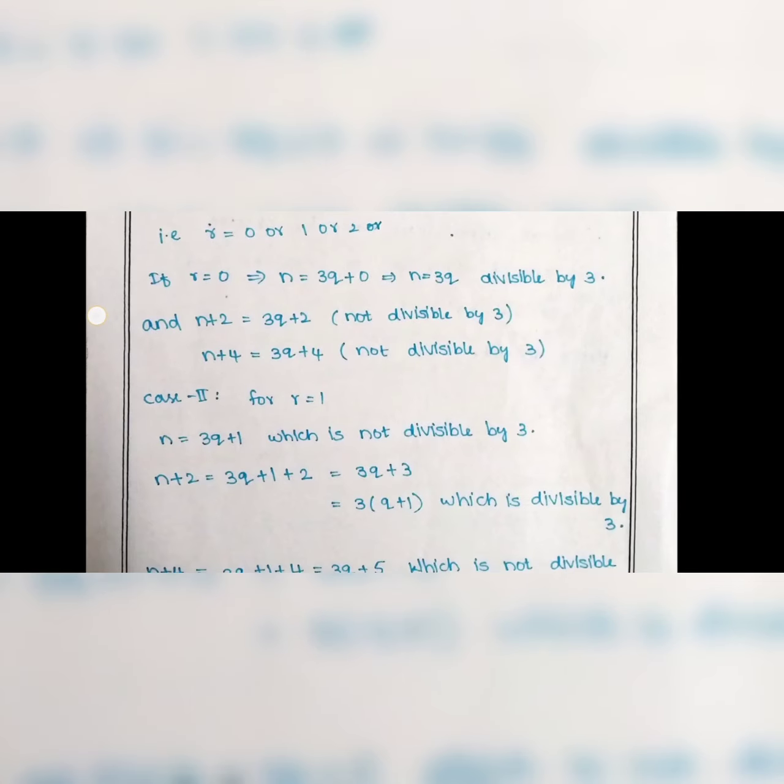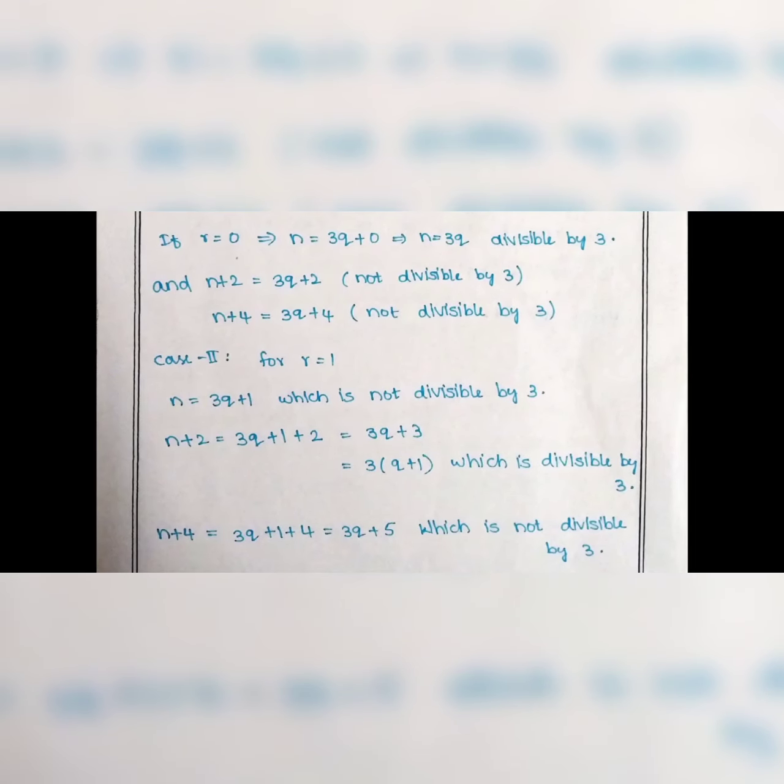Similarly, for case 2, we are taking r equals 1. Here we have just seen only for r equals 0. For r equals 1, we are checking again. n equals 3q plus 1, which is not divisible by 3. n plus 2 equals 3q plus 1 plus 2, because n is 3q plus 1 and this 2 is n plus 2.